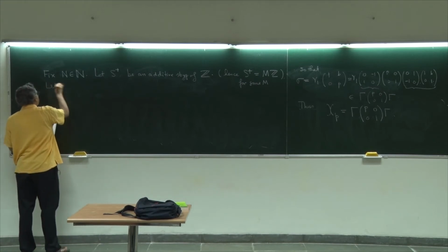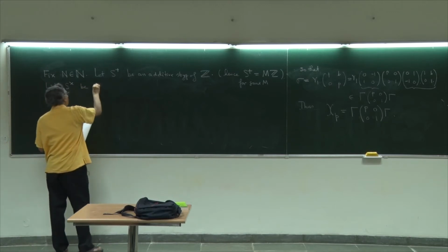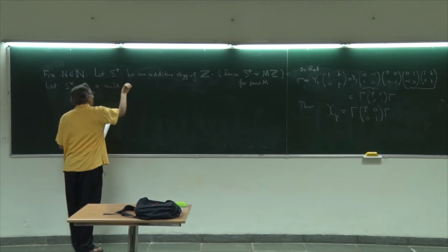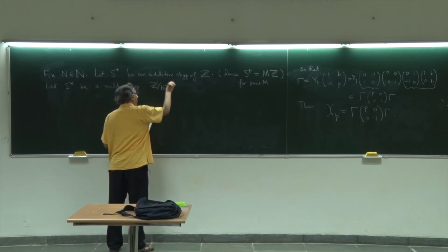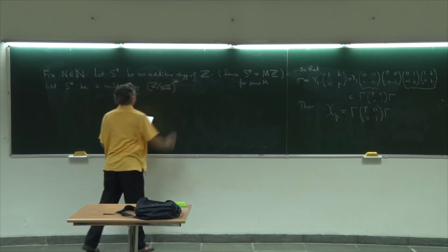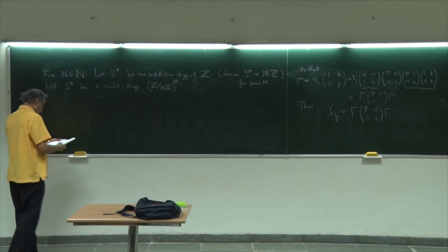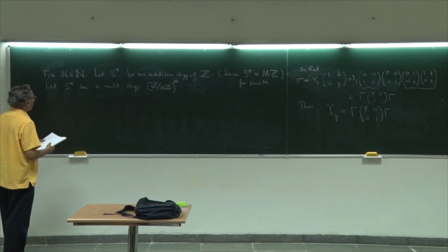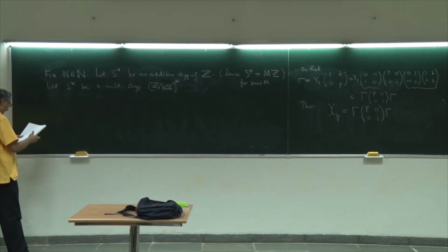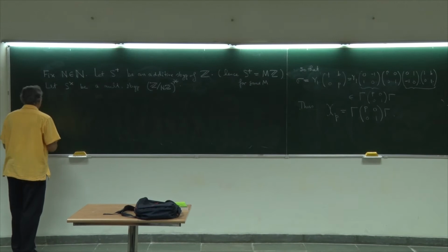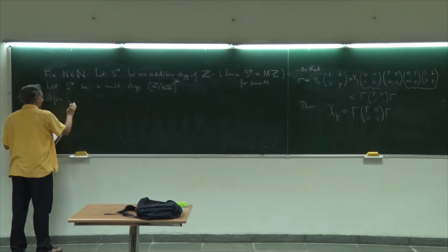Let S× be a multiplicative subgroup of (Z/nZ)×, and we'll also use S× to indicate the pre-image from Z to Z/nZ. Okay, so we'll be a little sloppy there. Define the set X_n.